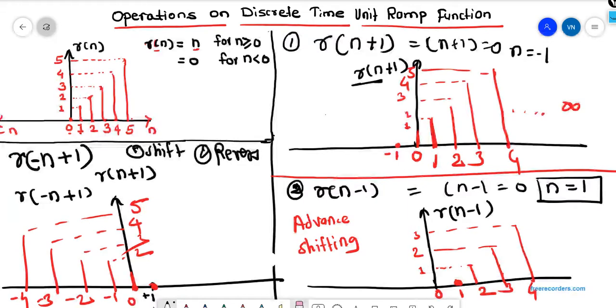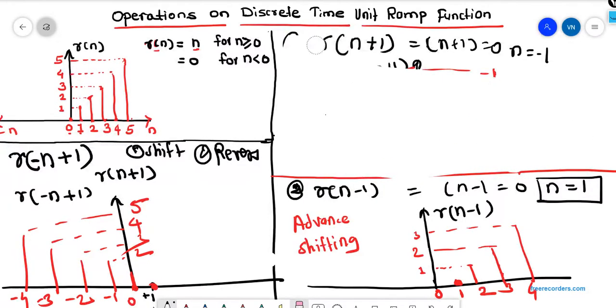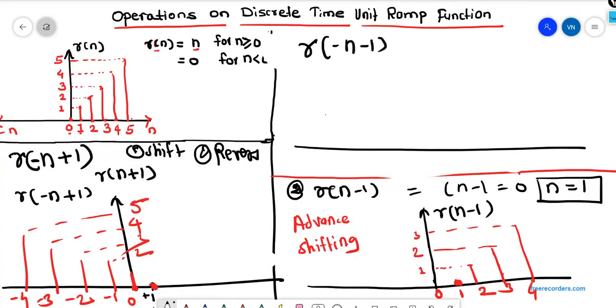Okay. The next signal that we are going to draw: for example, if I want to draw r of minus n minus 1, we have n minus 1, and we just have to reverse that.